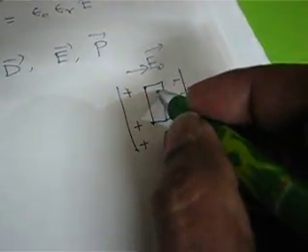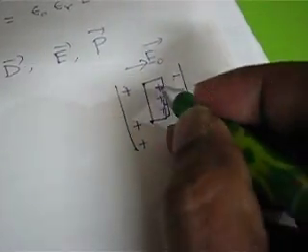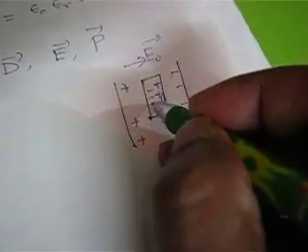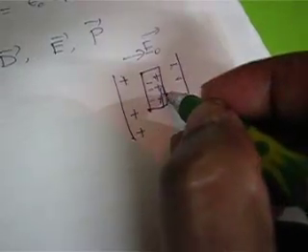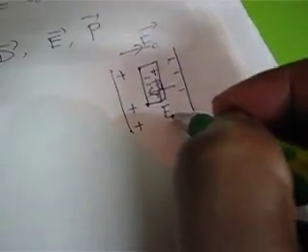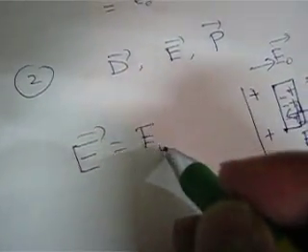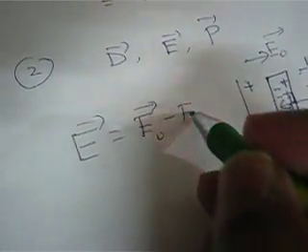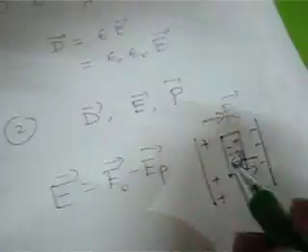So inside the dielectric, this side is positively charged, this side is negatively charged. So inside the dielectric, the induced or polarized electric field EP is just opposite to E naught. As a result, E equals E naught minus EP. It is already established earlier.